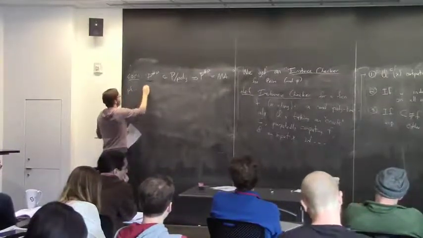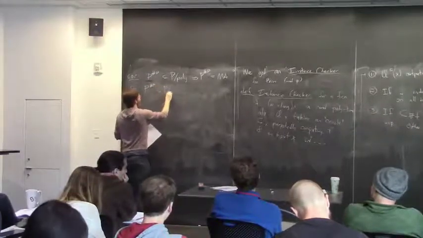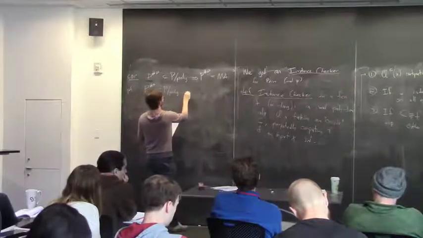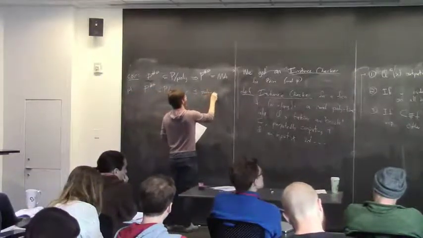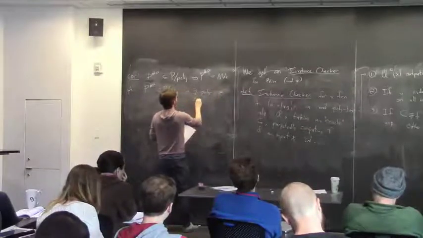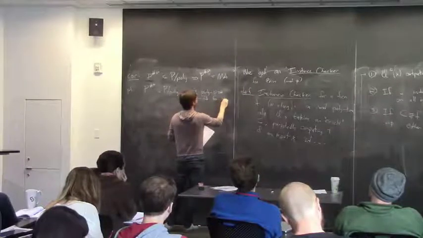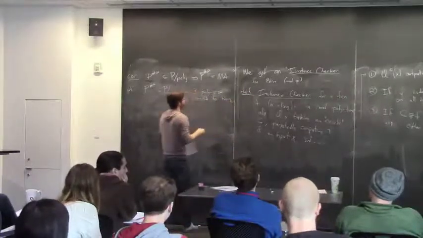So if P to the sharp P is contained in P/poly, then I claim there exists a poly-sized circuit for the permanent, let's say on 0, 1 matrices.